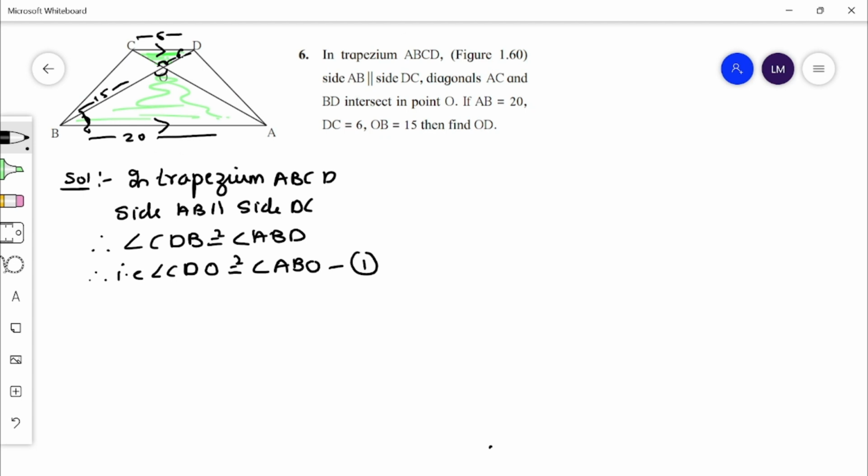Now we will move on with the triangles. So in triangle COD and triangle AOB. Dear students, every time you have to understand, whenever you are taking a triangle, your triangle name should always be in one-to-one correspondence. So here the first O we already know. Here D we have written extra for alternate angles. So the reason here we can write as alternate angles.